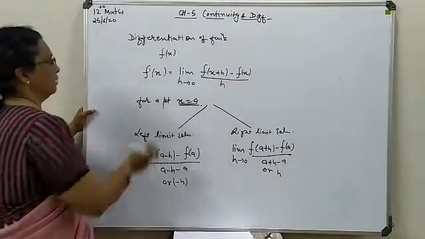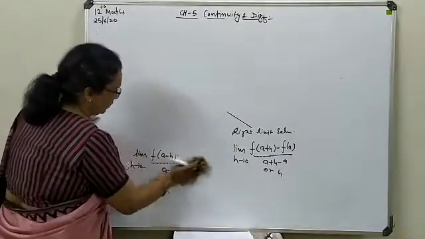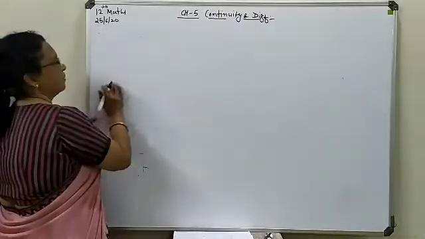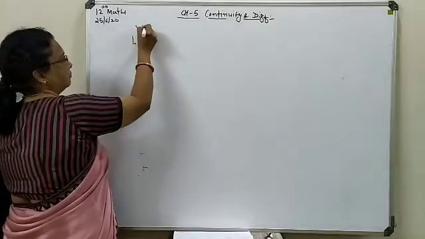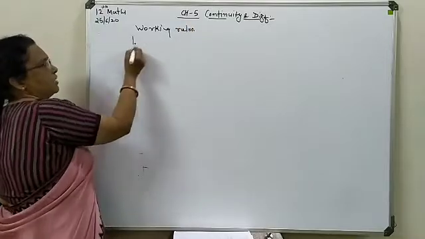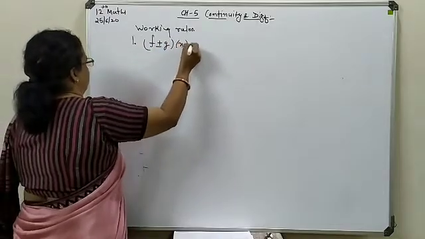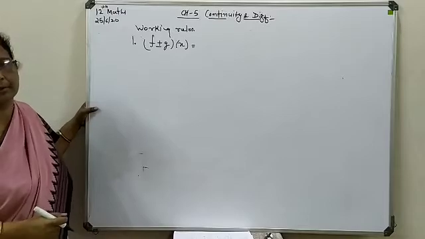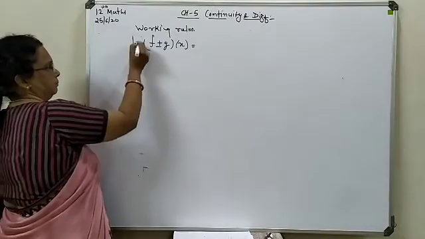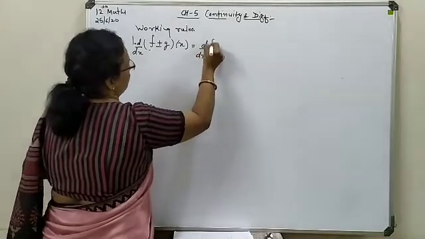Now we look at some basic working rules regarding the differentiation of a function, which we also discussed last year, so let us revise. The first and basic working rule is: if your functions are written in addition or subtraction form, here it may be more than two functions with plus or minus sign, then while writing the differentiation, we write the derivative of each individual function.